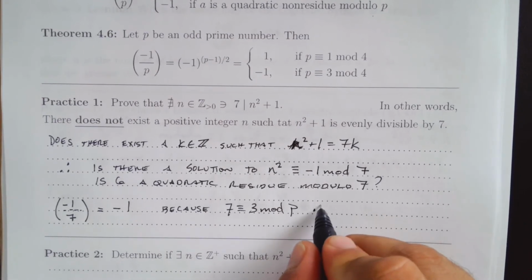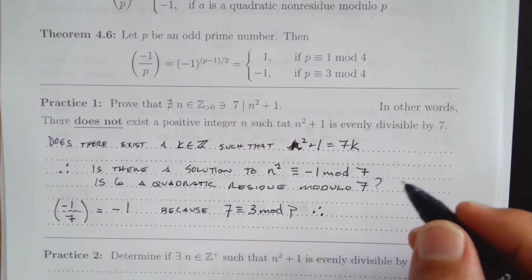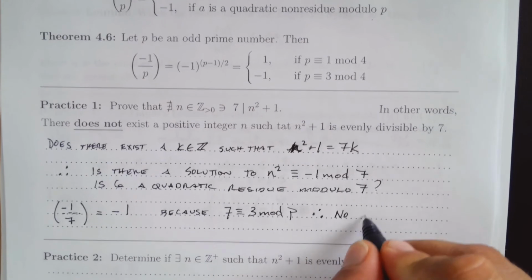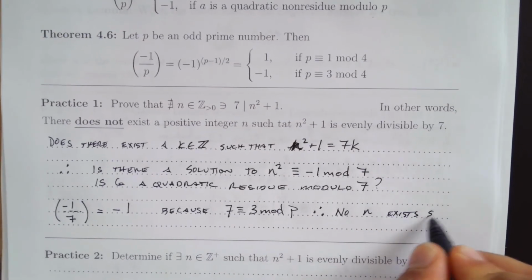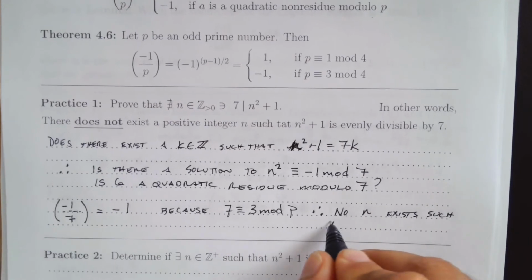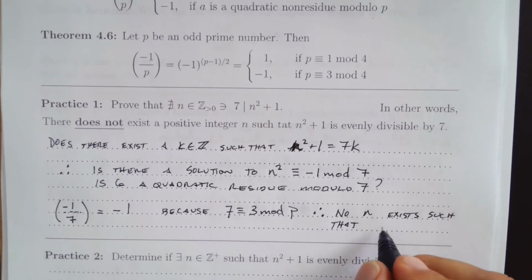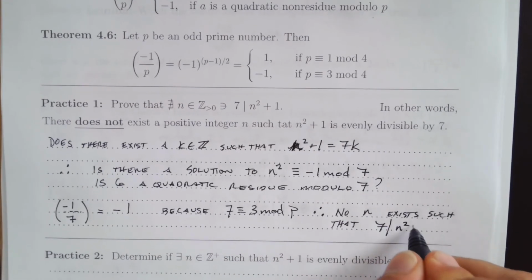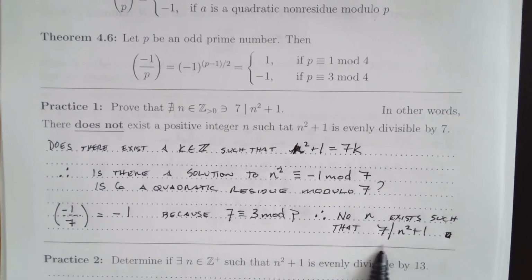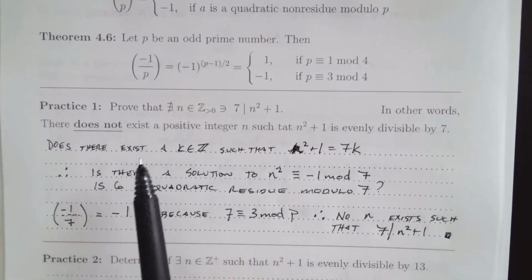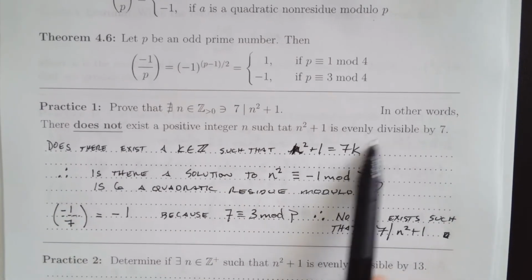Right, so therefore no n exists such that 7 divides n squared plus 1. So a fairly short proof, fairly short explanation. Let's just work through this information again.